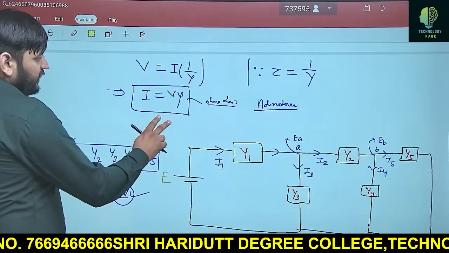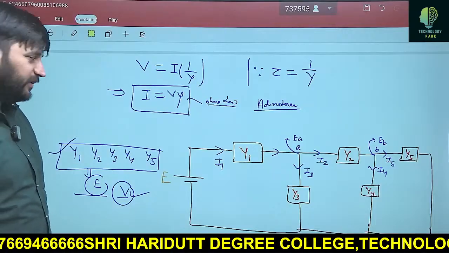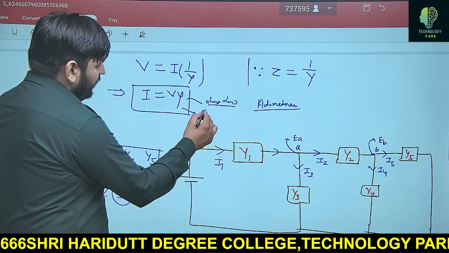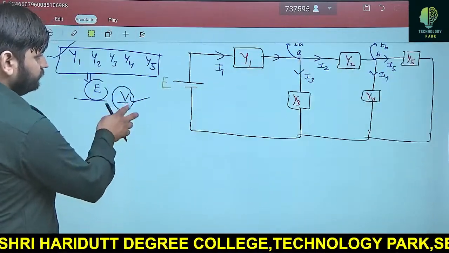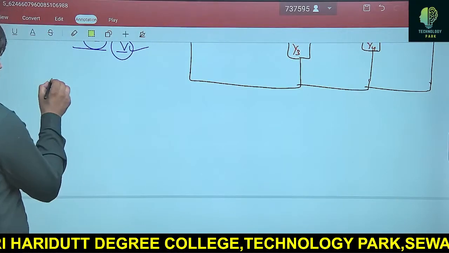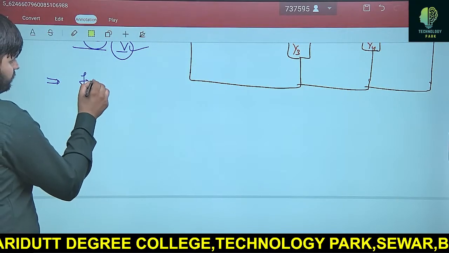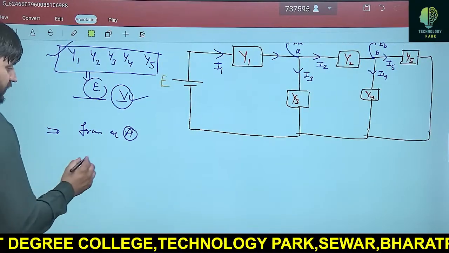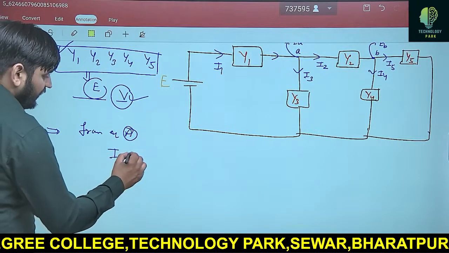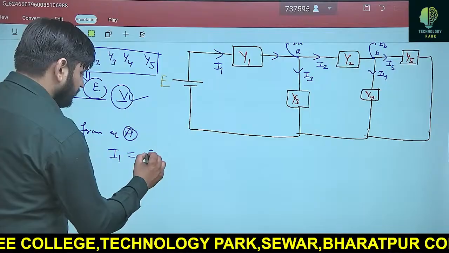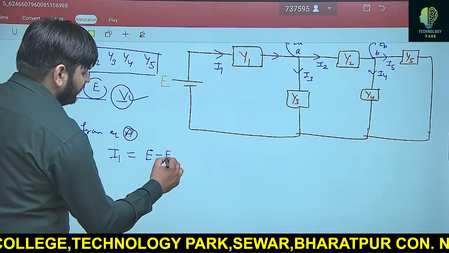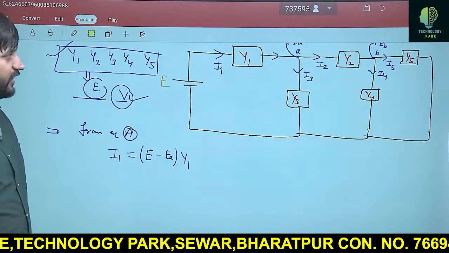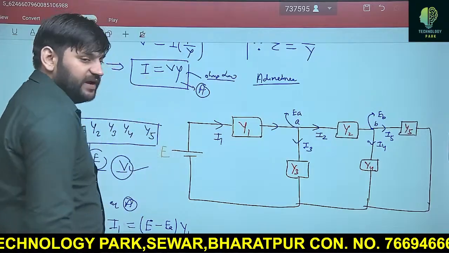And we study Ohm's law in terms of admittance I equal VY. तो डाले हम इक्वेशन नंबर ए. From equation A, I1 equal E minus EA Y1, because I equal VY.